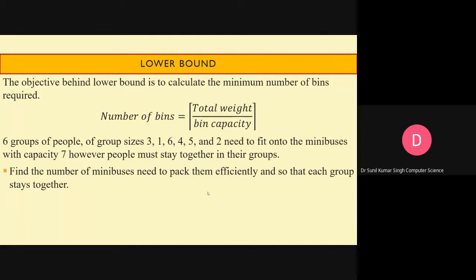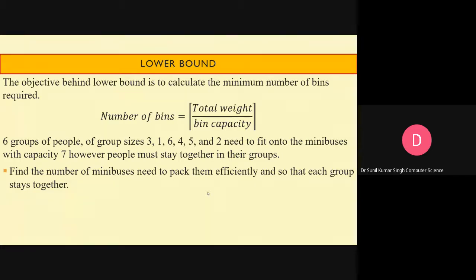We just check whether it is possible to pack the given set of items into the given number of bins or not. For that, we check the lower bound of the number of bins. The lower bound indicates how many minimum bins are required.